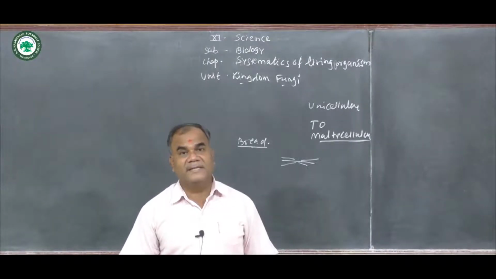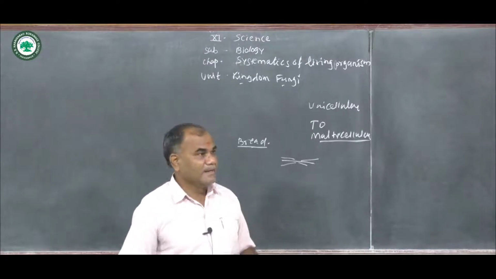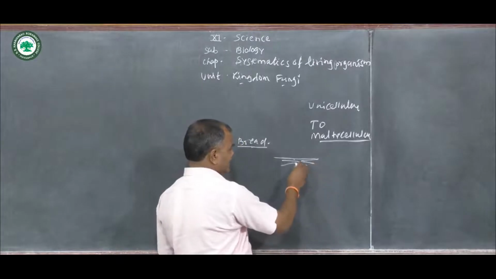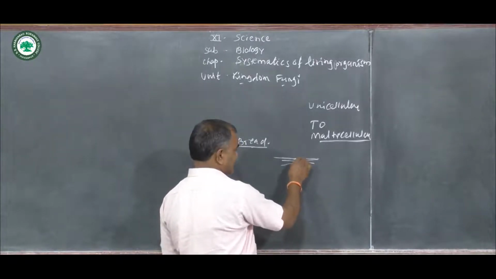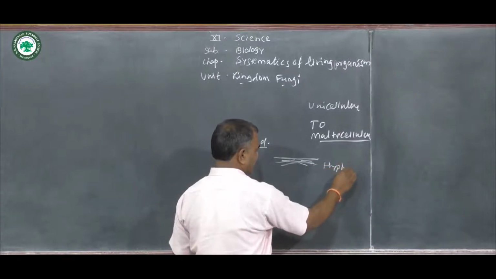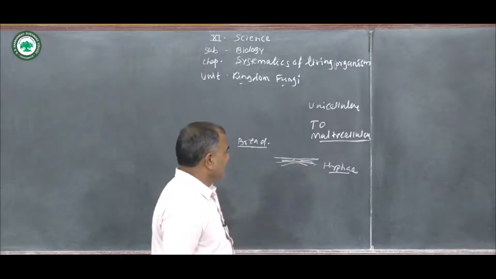Then the filamentous fungi: the body is called mycelium. When Rhizopus grows on the bread, the internal part, the hair-like structure, is known as the hyphae. This hyphae is thread-like or fiber-like.